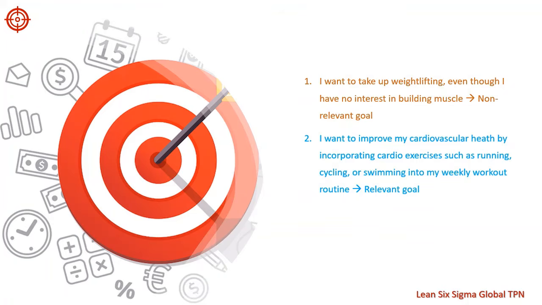So this goal is meaningful and motivating, inspiring the person to take action towards achieving it. It is also relevant to their current situation and context, as cardiovascular exercise is important for overall health and fitness.